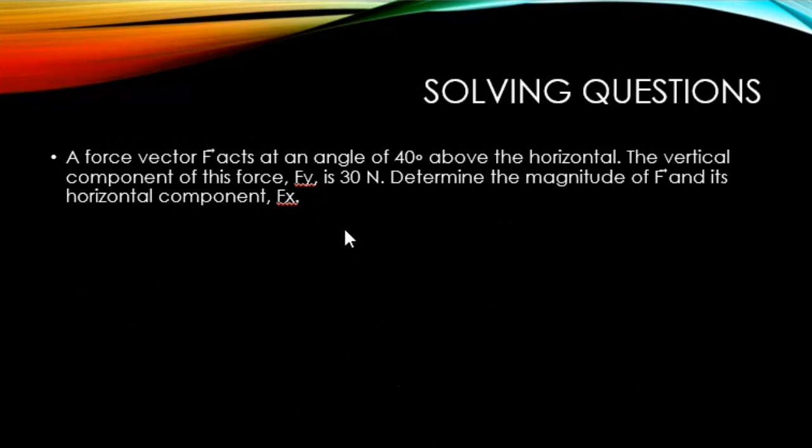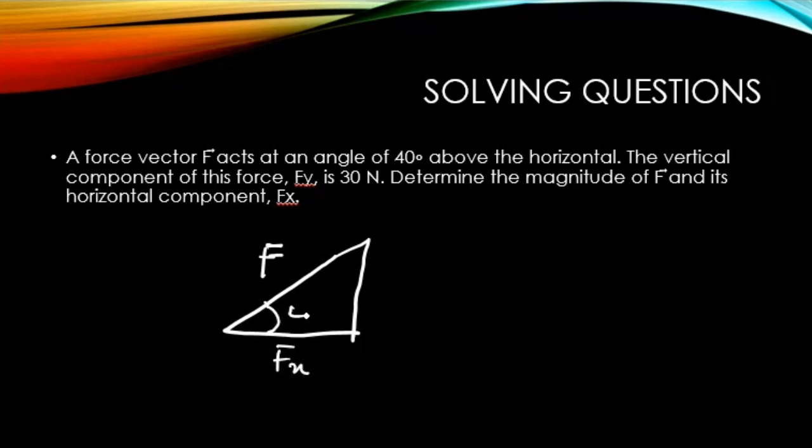So in this, you still use Pythagoras theorem. Drawing our right angle triangle, we have our vector, which is a force too, to be F. It's inclined above the horizontal, so this is the horizontal, we have Fx, 40 degrees, and Fy was given as 30 newtons.